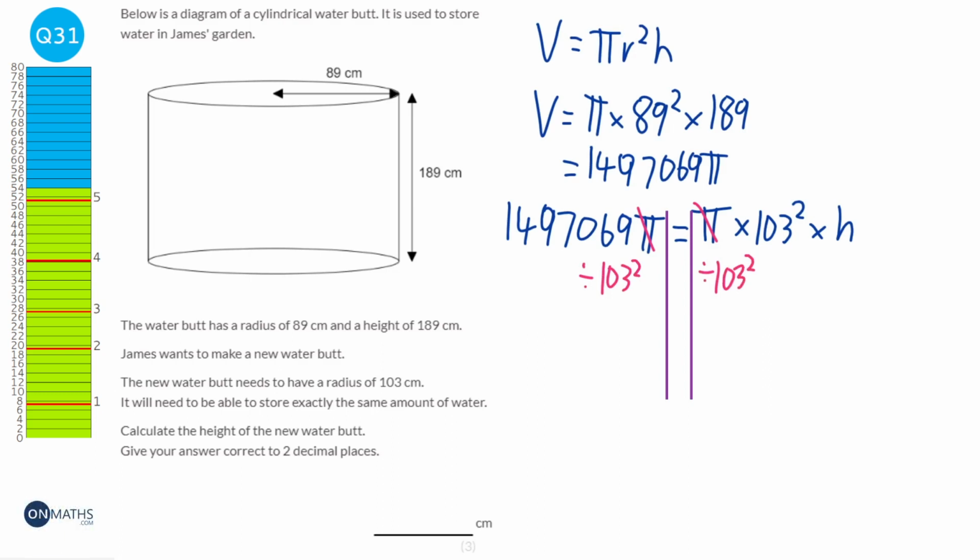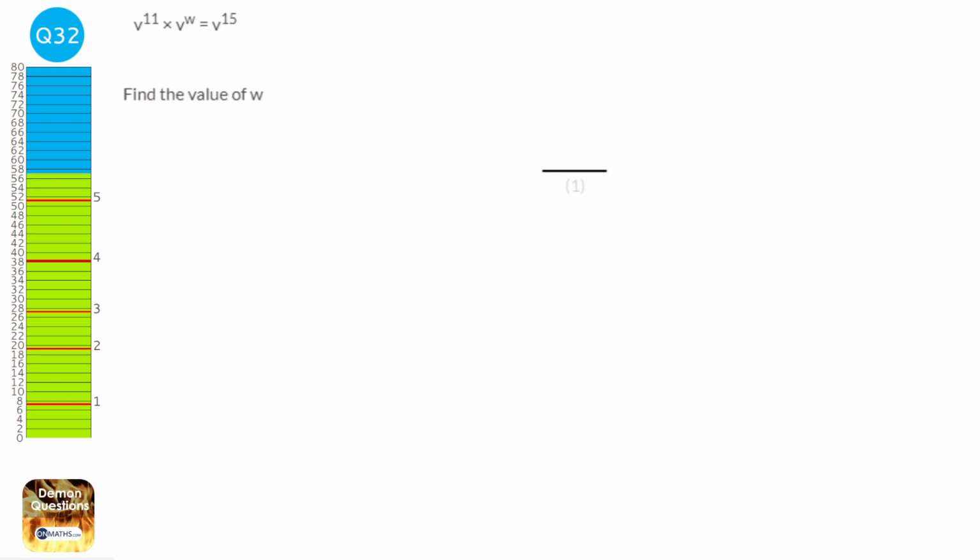On the left hand side we get 141.113 and so on, and on the right hand side we get h. So the height will be 141.113. It says it wants it to 2 decimal places, so that would be 141.11.